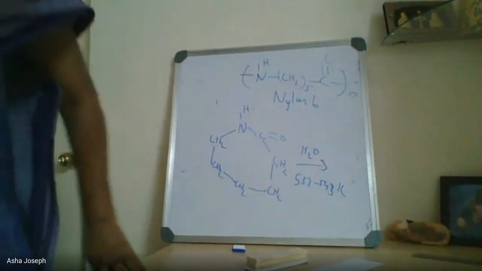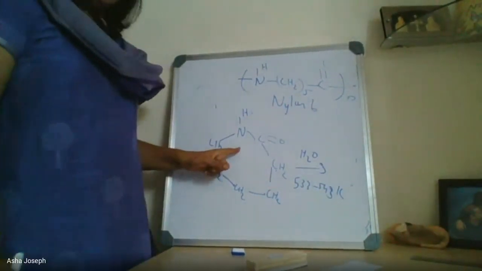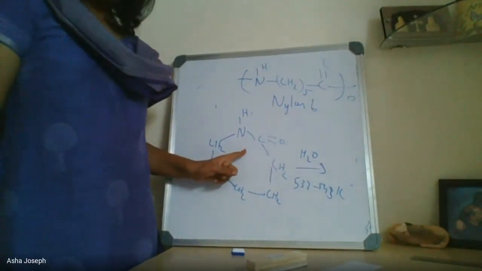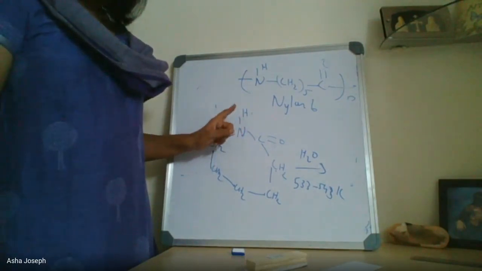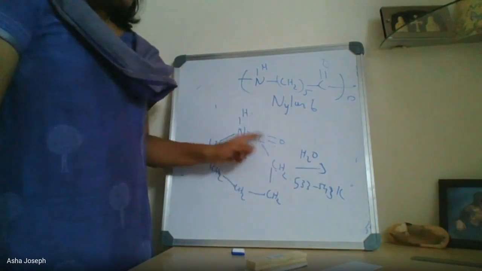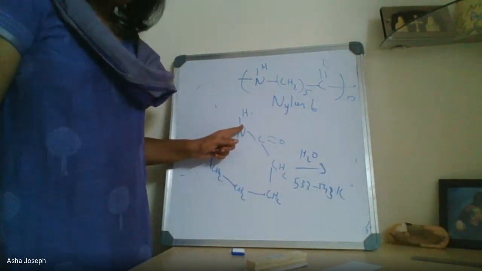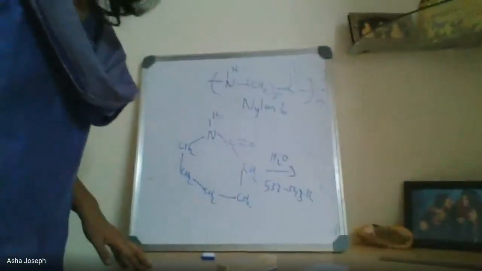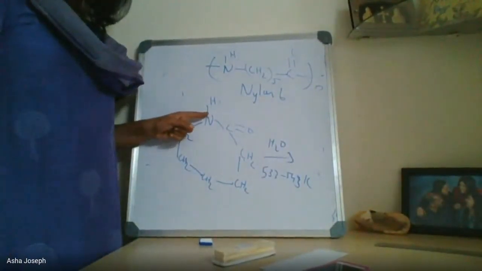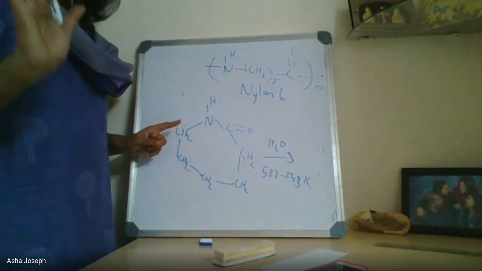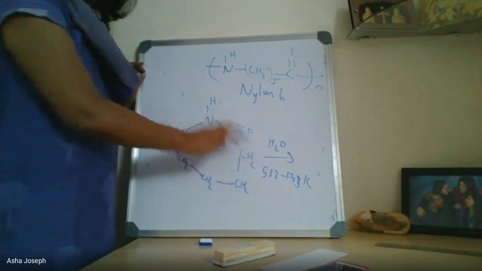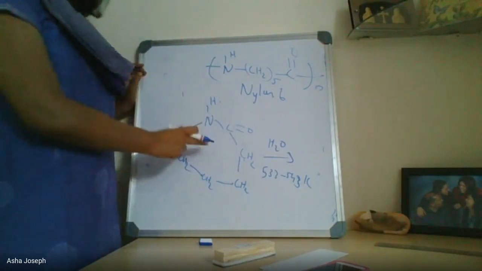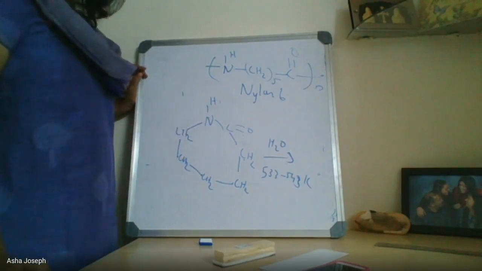Prashant, this is the monomer, caprolactam. How to write the caprolactam? NHCO bond will be there. So you start with NH, then 5 CH2 groups: CH2, CH2, CH2, CH2, CH2, then CO. This is caprolactam, the monomer.